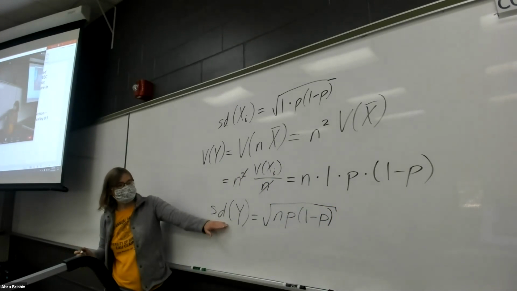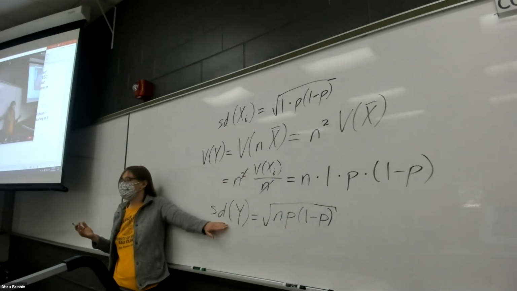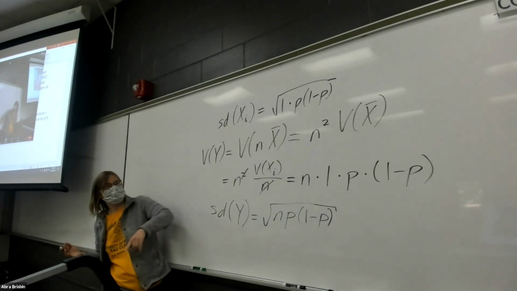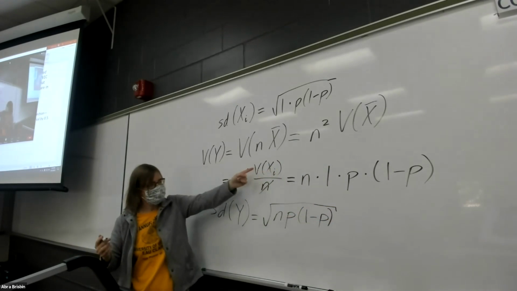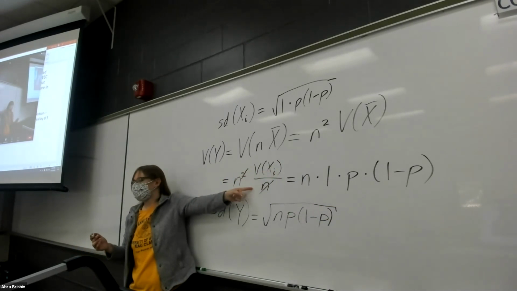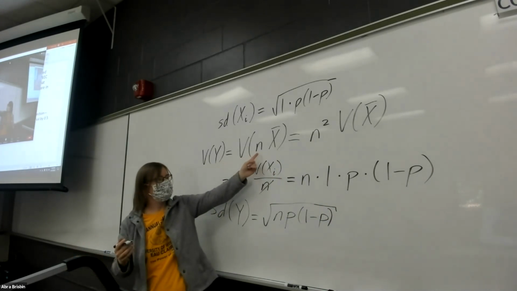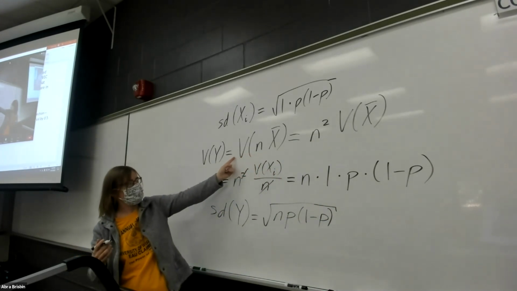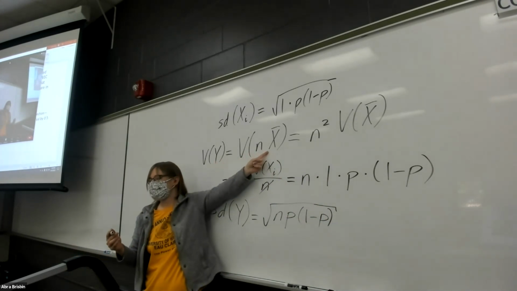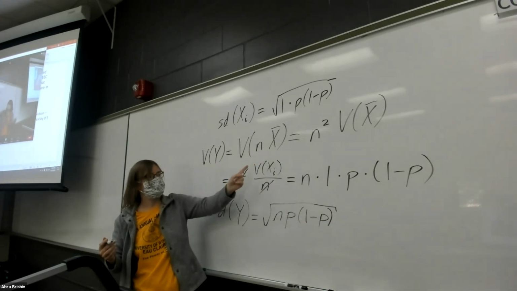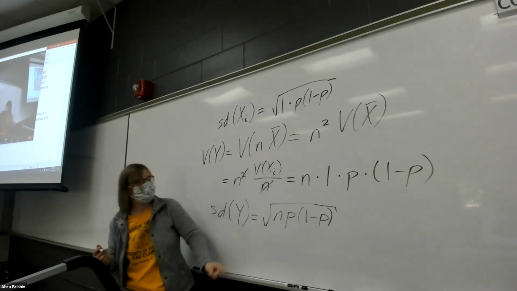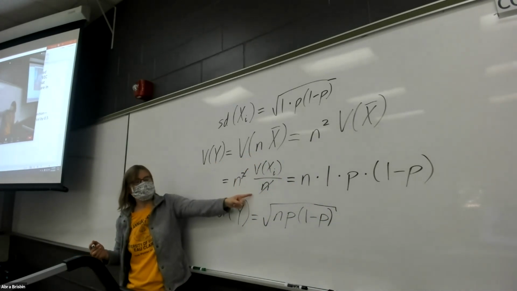So this is the standard deviation of y calculated using the variance of x sub I divided by n. But it has this extra thing of the fact that y is not x bar, y is n times x bar. So that ends up getting multiplied in. So we cancel out one of the n's.